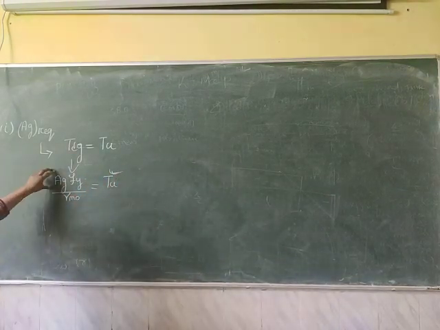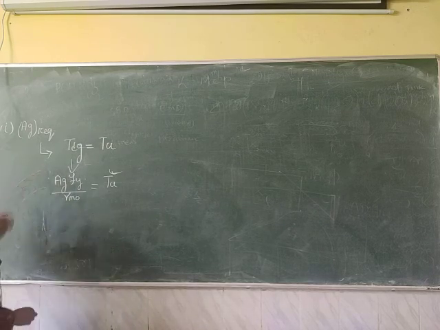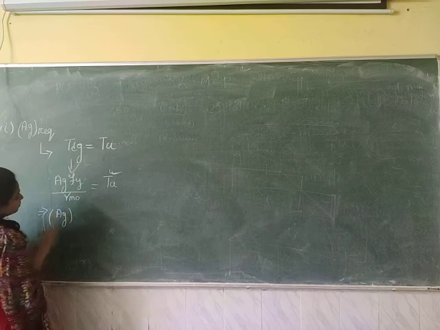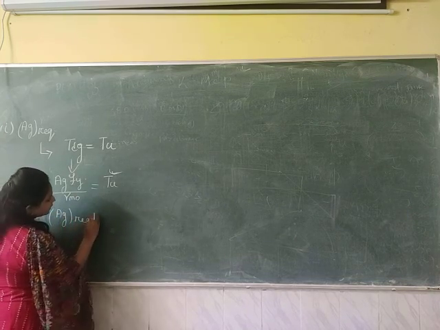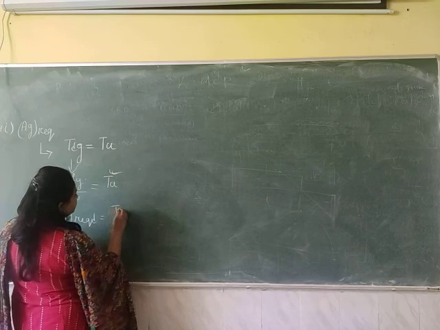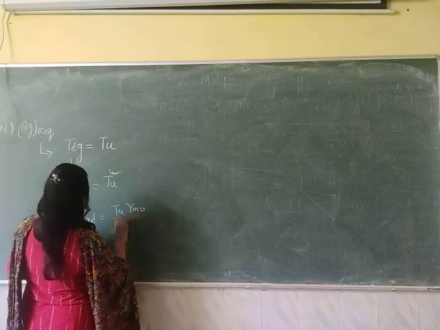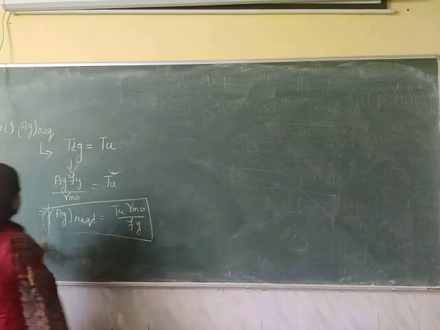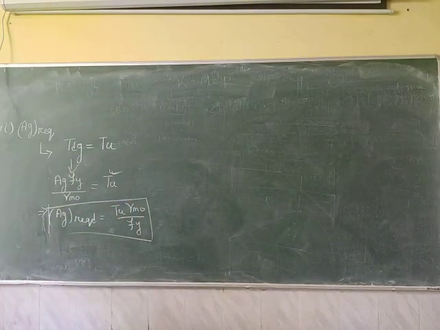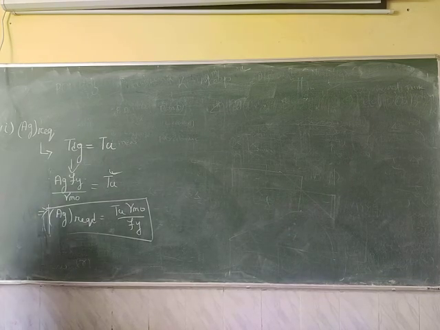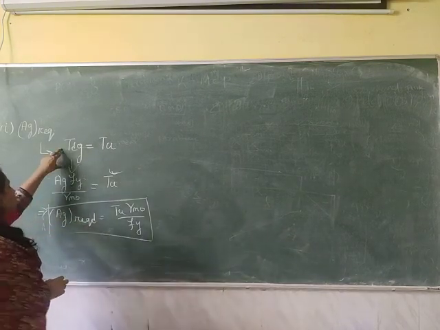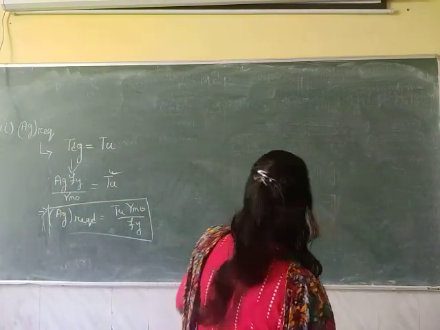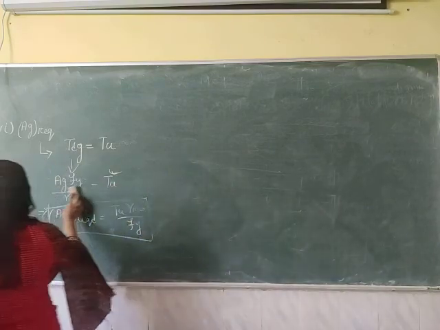So, the only unknown is the gross area, and from this equation you can calculate the gross area required. So, in the first step calculate the gross area required by equating the yield strength of the gross section with the external applied tensile load.